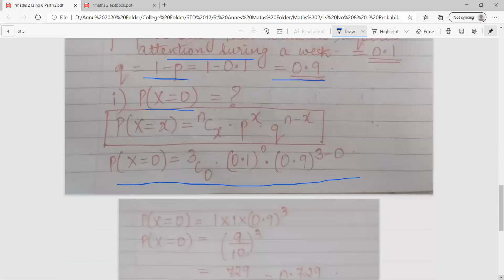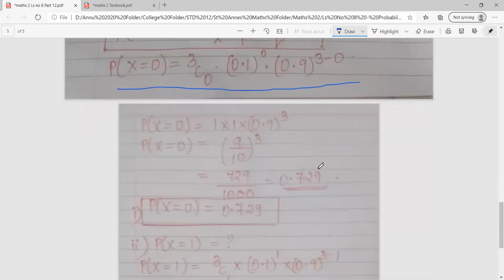So 3C0 is nothing but 1. Anything raised to 0 is nothing but 1. And 0.9 the whole cube can be written as 9 upon 10 the whole cube, which gives me the value 729 upon 1000, which is 0.729. So probability of x is equal to 0 is 0.729.